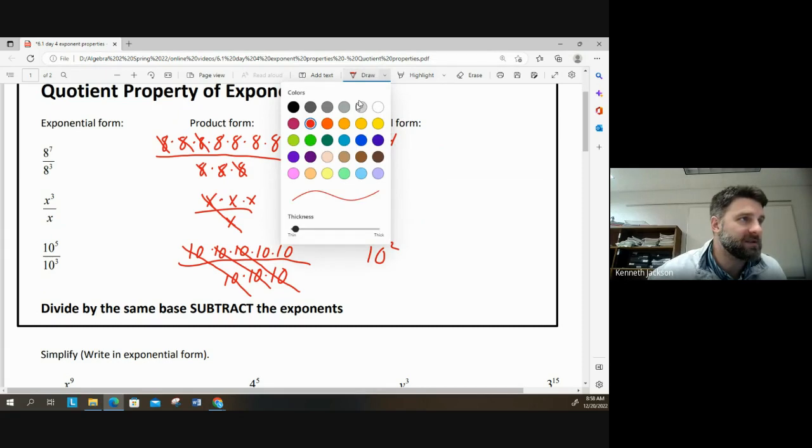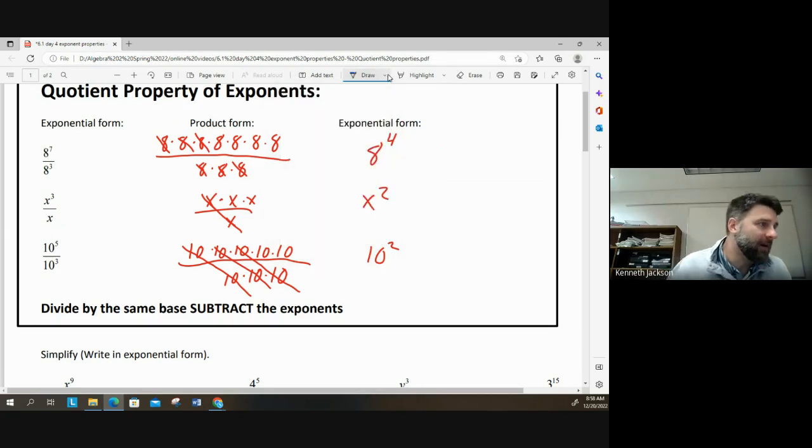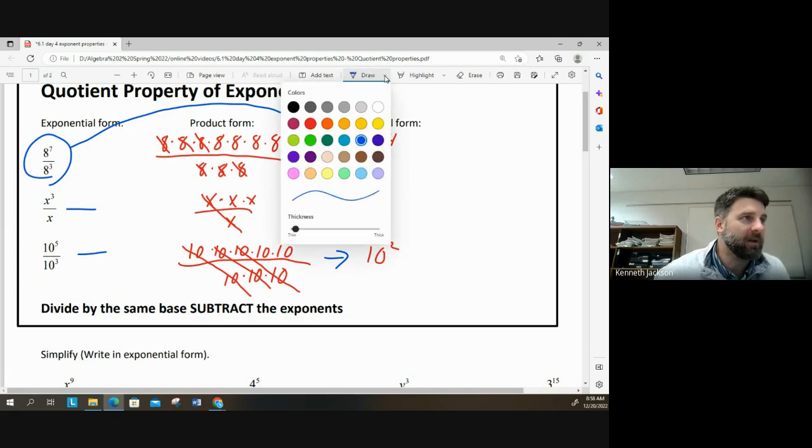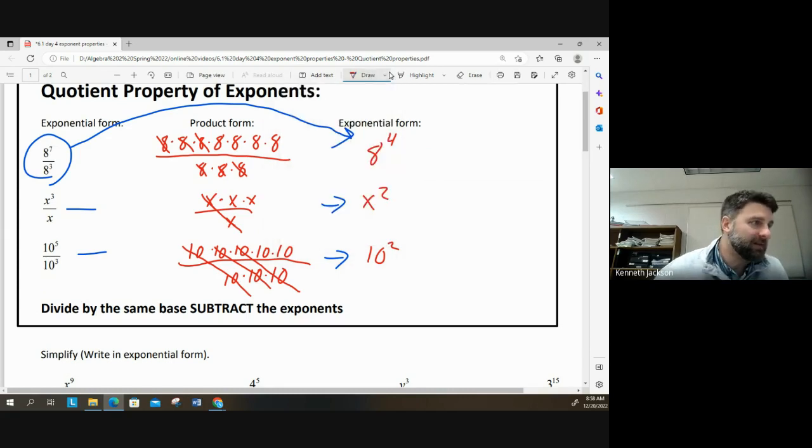So how can we get from our exponential form here, and not write it out in product form, to end up there? Well, as it says below, when you divide by the same base, you can subtract the exponents.